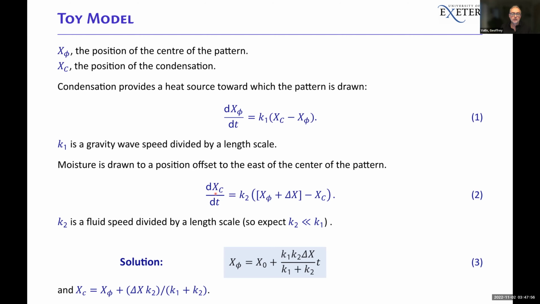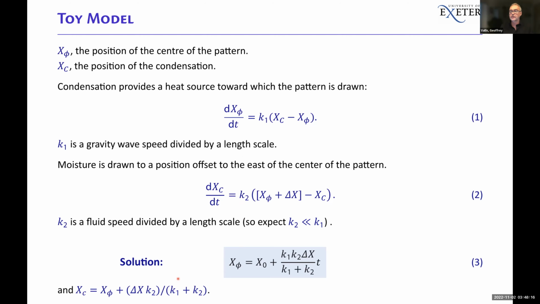The position of the condensation is relaxed to a position which is east of the center of the pattern itself, with these two relaxation rates, K1 and K2.